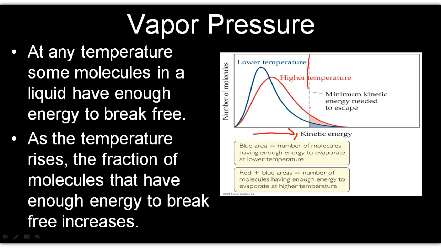So this is a minimum kinetic energy to escape from the liquid into the gaseous phase. A larger proportion of the molecules will have enough energy to move into the gaseous state at a higher temperature. So this is the vapor pressure we're looking at here, the amount of particles that are able to move into a gaseous state.